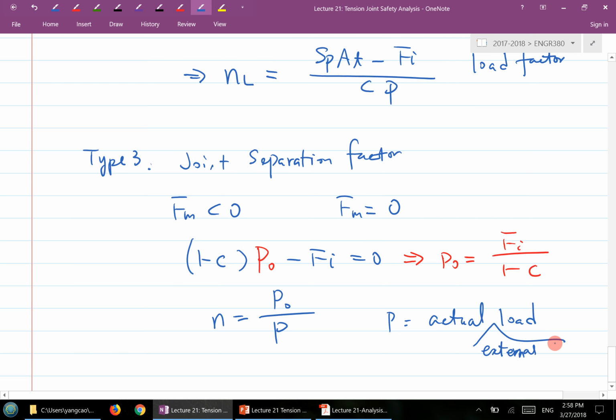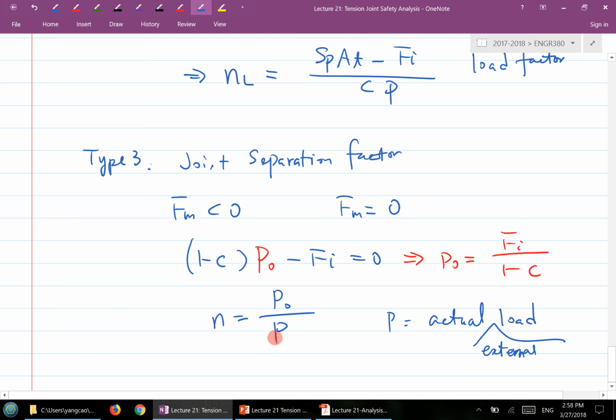So you look at the difference between the current actual external load and the threshold external load. If it is still greater than 1, you're safe, okay? And if you're less than 1, then basically you get a joint separation, which is not safe.